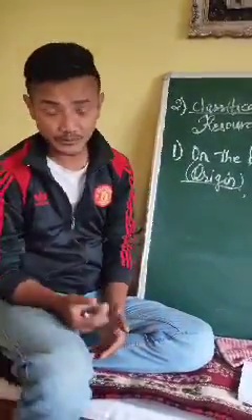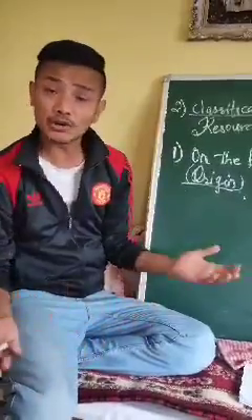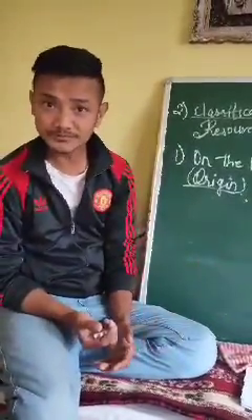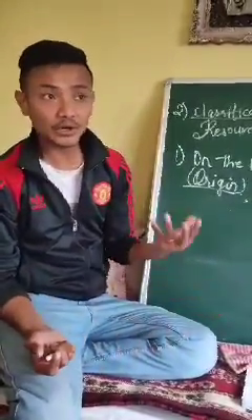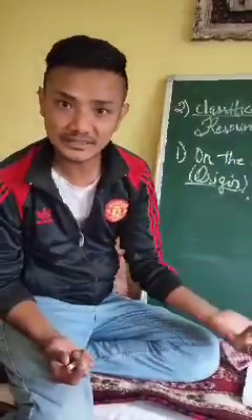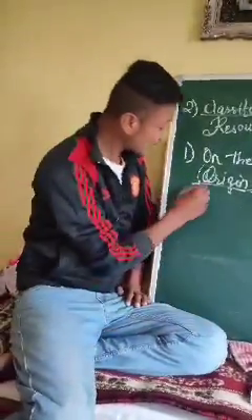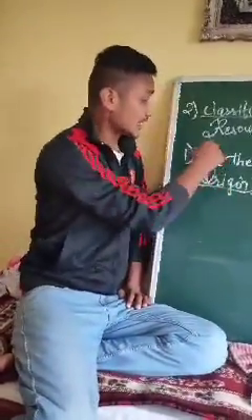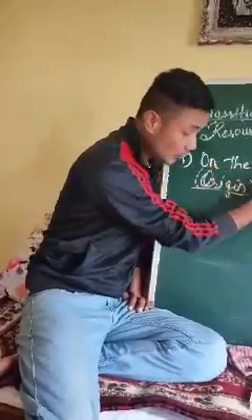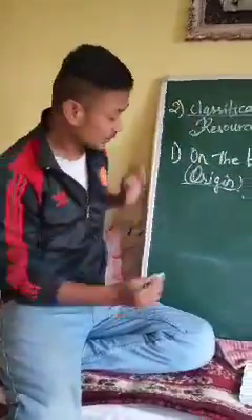For example, the origin of fish is in water. Understood? The origin of a bird can be in a tree or in the nest. So, from where does it start? In the classification of resources on the basis of origin, there are two types of resources.